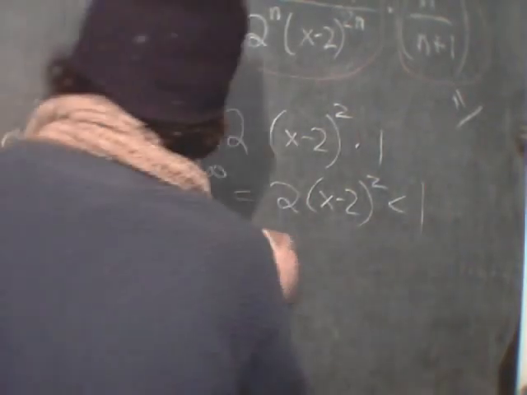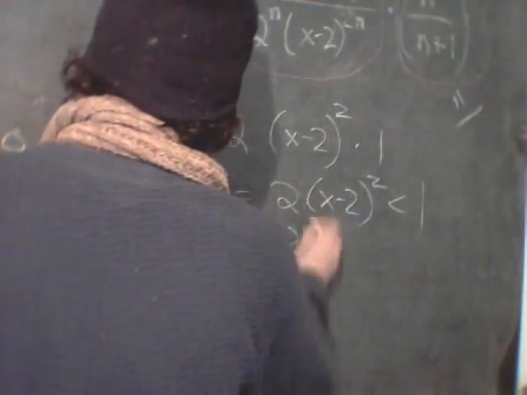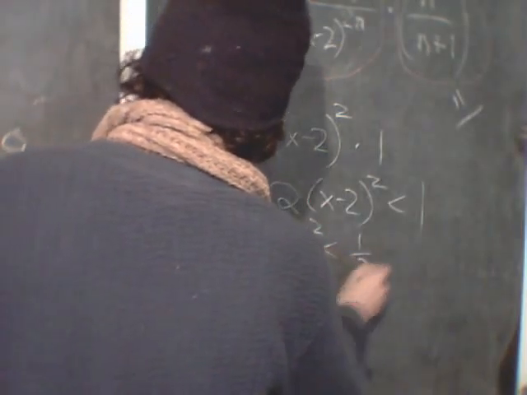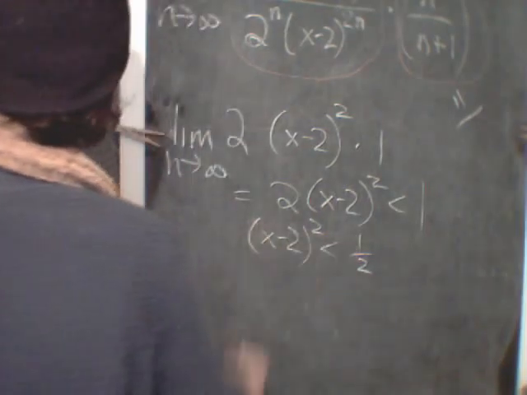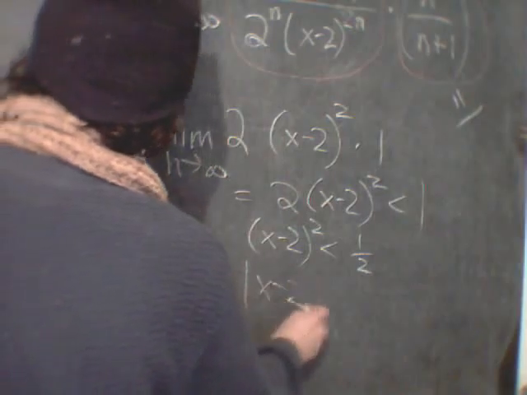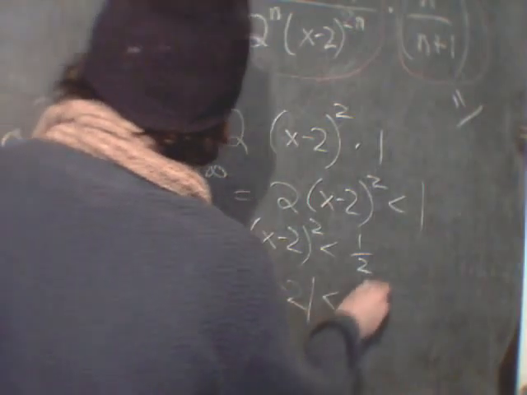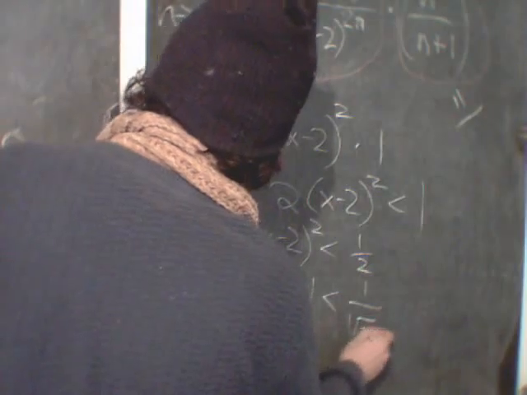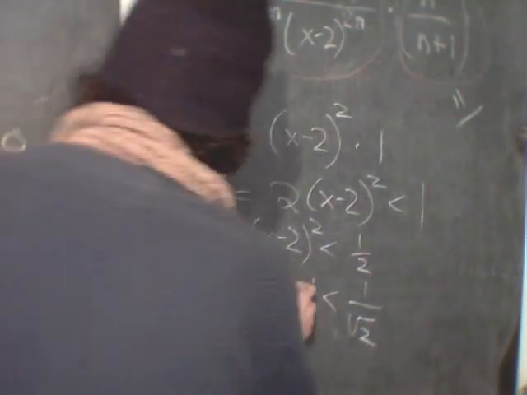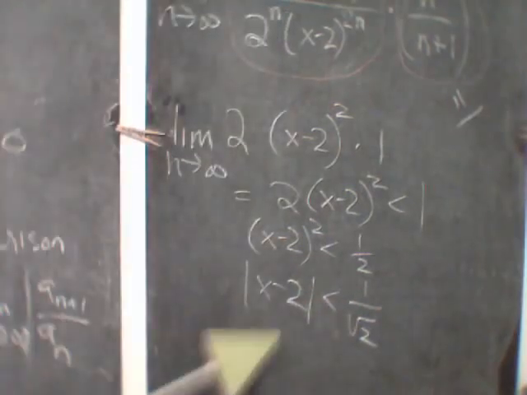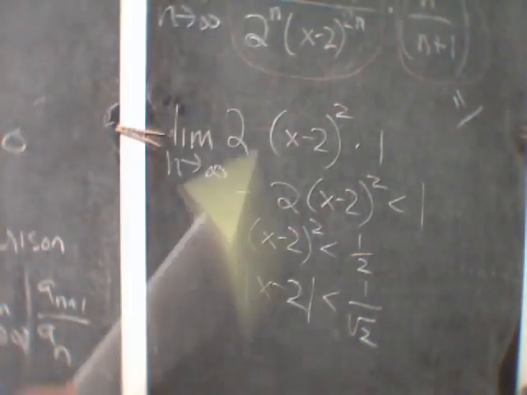Well, that means x minus 2 squared is less than 1/2, and so take the square root of both sides, we get absolute value of x minus 2 is less than 1 over the square root of 2. So that might be tricky to you, but still, it's just straightforward stuff.